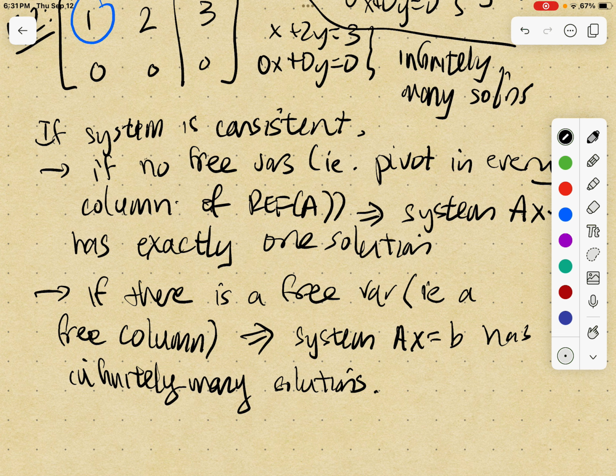So that's how to tell if your system has one solution, no solutions, or infinitely many.